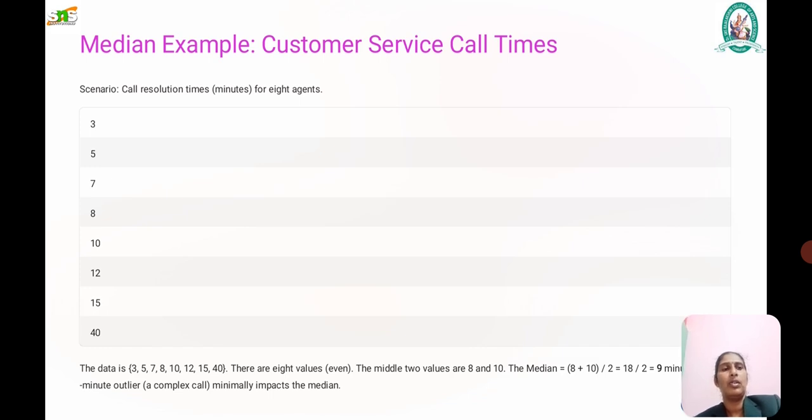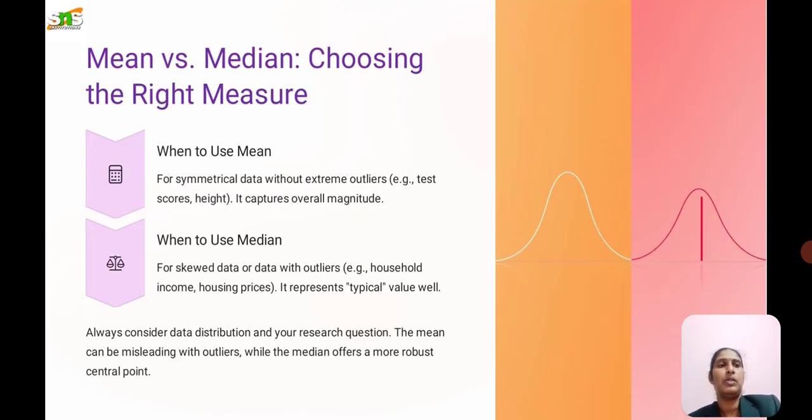Here we follow the formula n by 2 comma n by 2 plus 1. So in total you have two values, and those two values are found using the median. Counting 1, 2, 3, 4, 5, 6, 7, 8, we find the median using these two middle values. This helps us to find the middlemost value of the items.